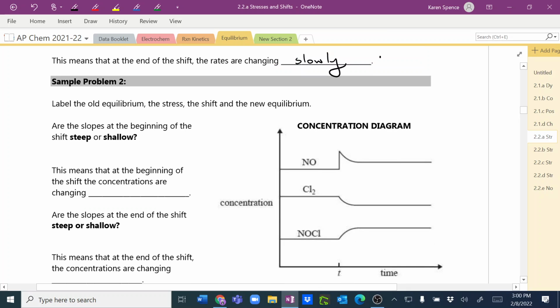Here is a concentration diagram. What was the stress in this system? Tell your partner, what did we do to the system that stressed it? Anyone want to tell me what was the stress?